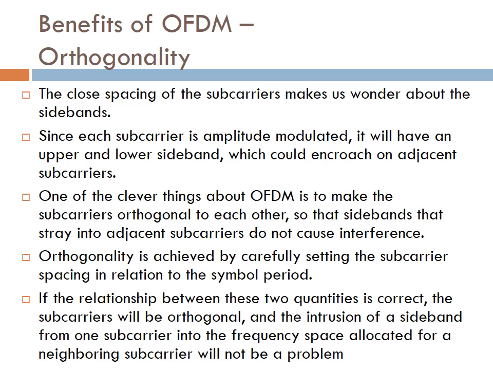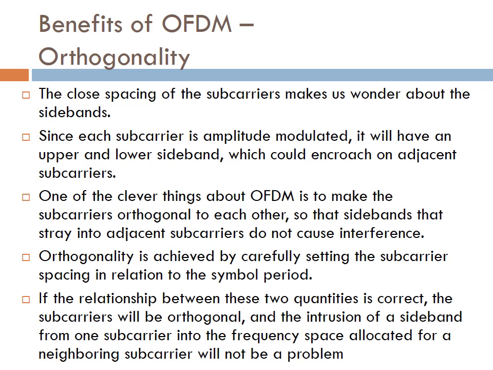The close spacing of the subcarriers makes us wonder about the sidebands. Since each subcarrier is amplitude modulated, it will have upper and lower sidebands, which could encroach on adjacent subcarriers. One of the clever things about OFDM is that it makes the subcarriers orthogonal to each other, so that sidebands that stray into adjacent subcarriers do not cause interference.